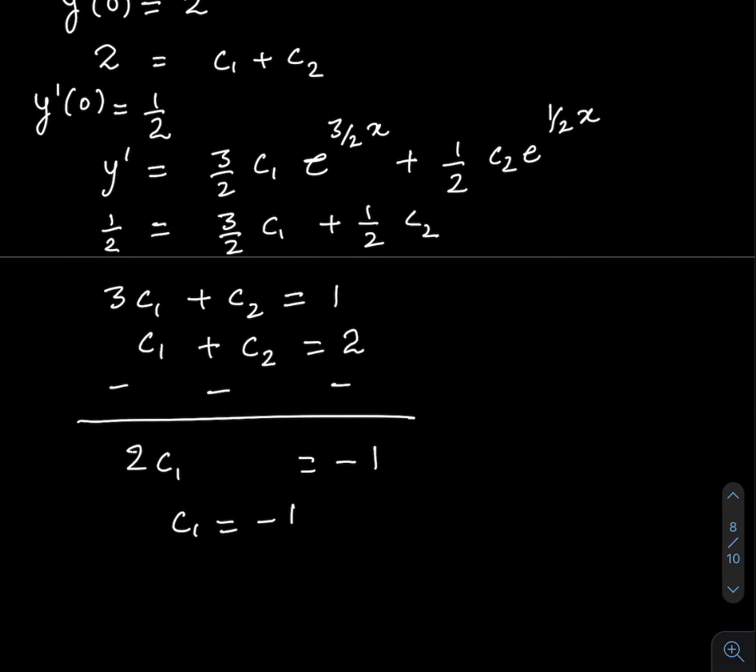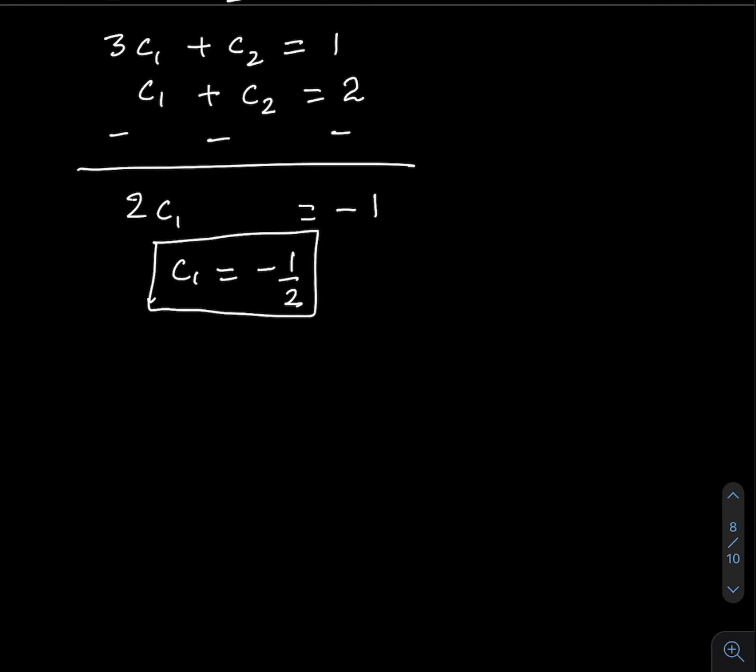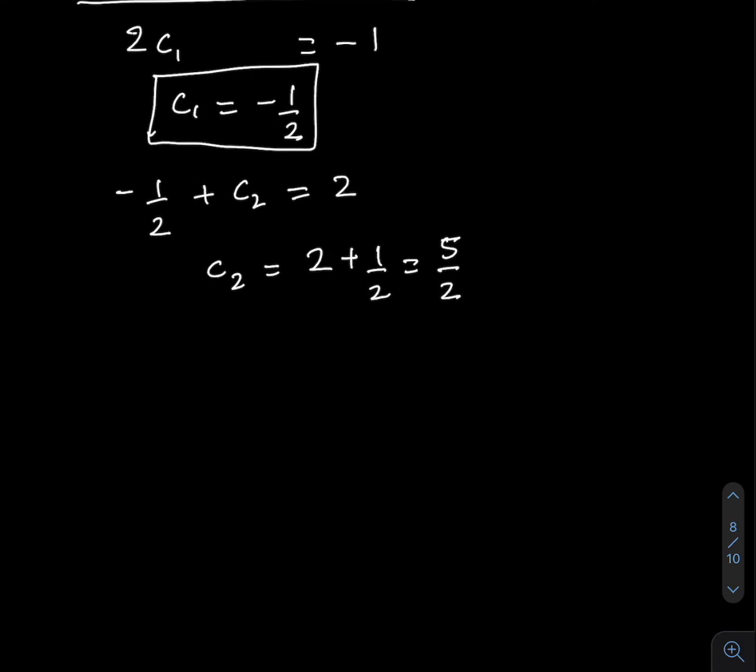So c1 is equal to -1/2. c1 plus c2 is equal to 2, so c2 is equal to 2 plus 1/2, which is 5 over 2.